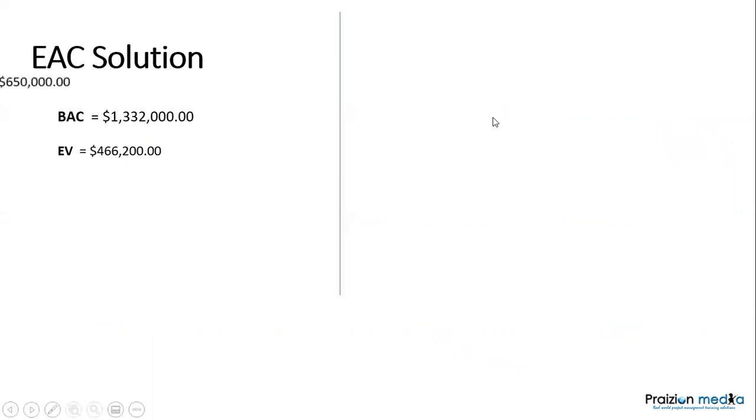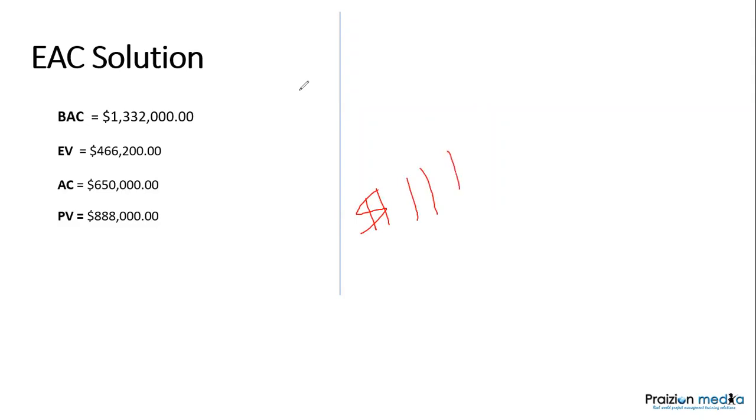So moving forward, the actual cost was given in the question. The planned value can be found, again, by understanding that 111,000 is the projected spend for each time period.